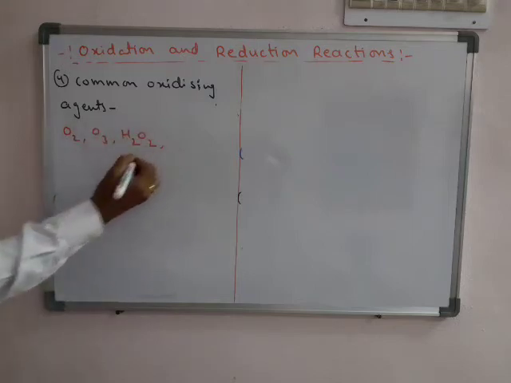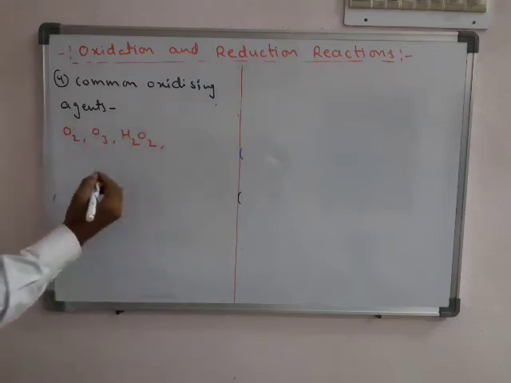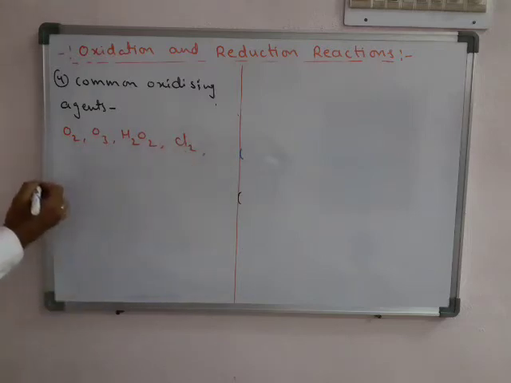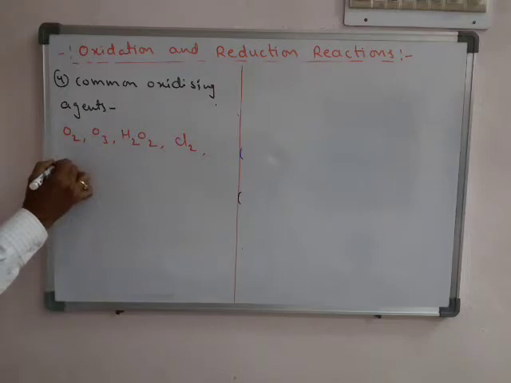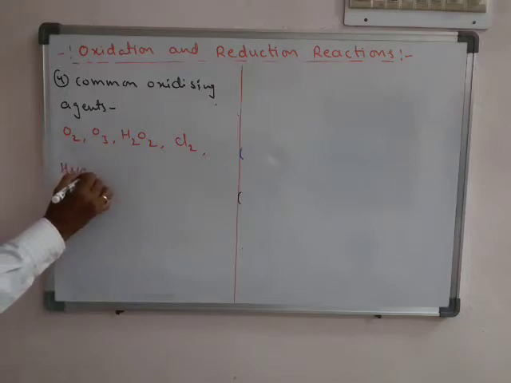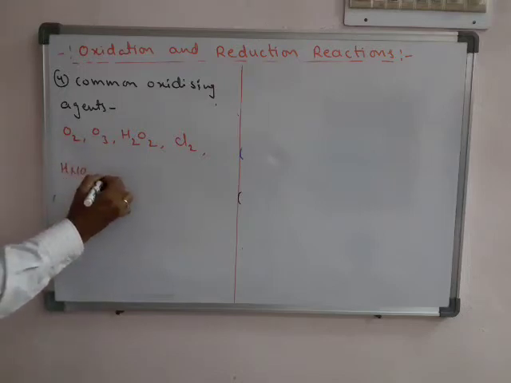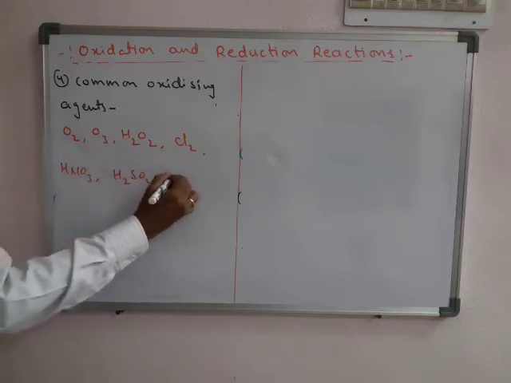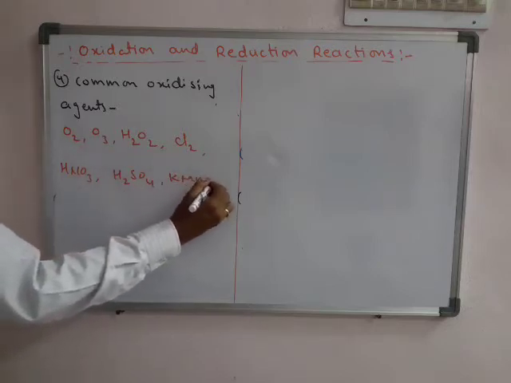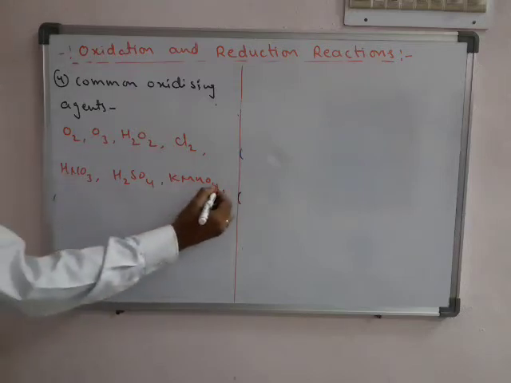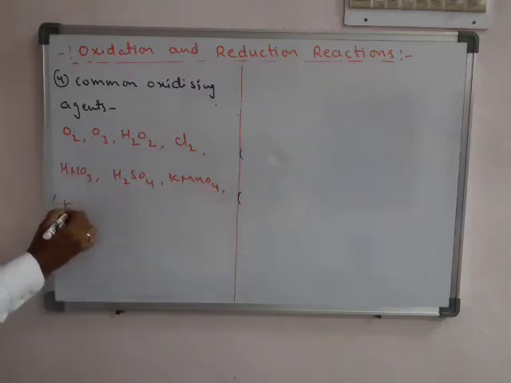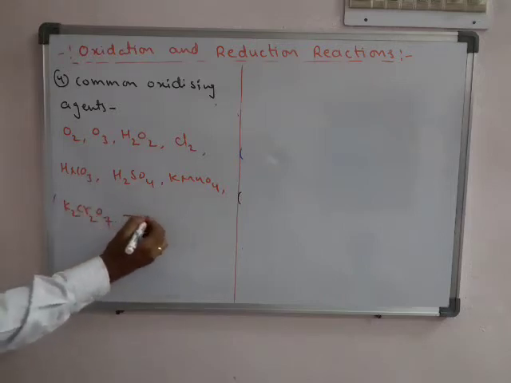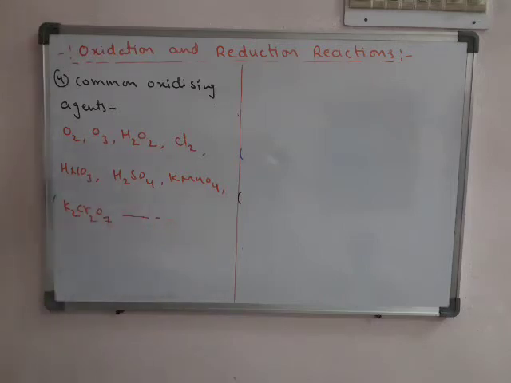I have to remember this; there are no particular reasons. Ozone, chlorine, hydrogen peroxide, nitric acid, sulfuric acid. The very important ones are potassium permanganate and potassium dichromate. So these are the good oxidizing agents.